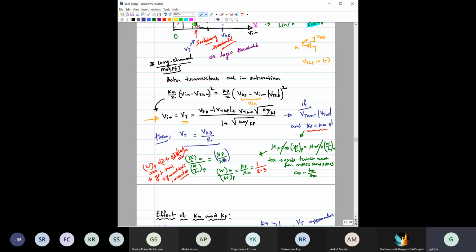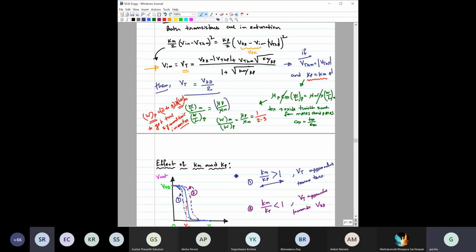From this criteria, we have seen that the PMOS width has to be at least 2 to 3 times that of the NMOS.